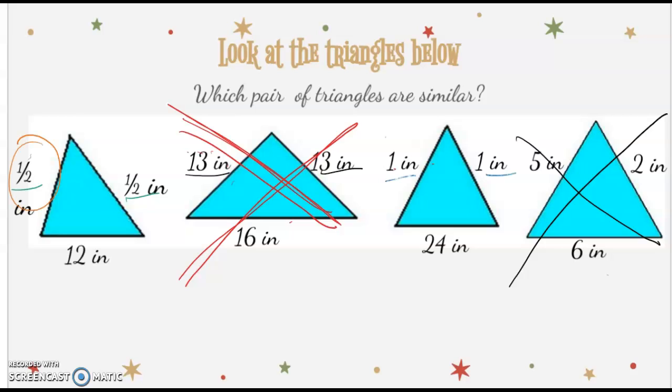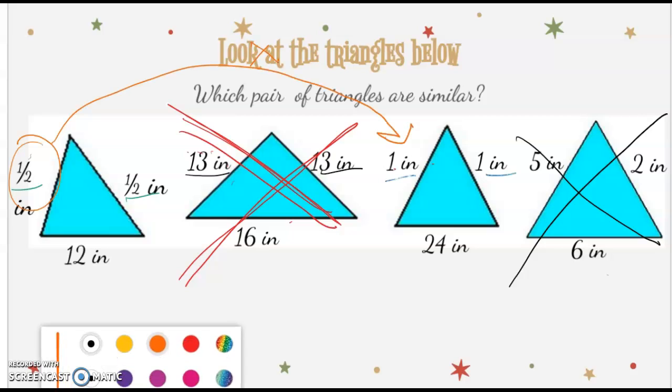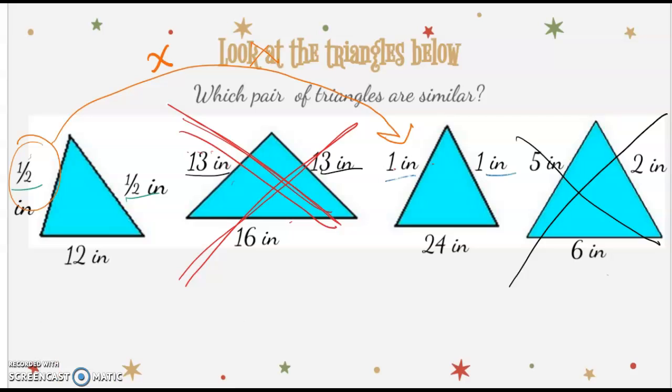From a half to 1 is times, let me change the size of the pen, is times a half, right? Or if you wanted to go the other way, half of 1 would be half. So if I multiply 12 times a half, it will give me 24.